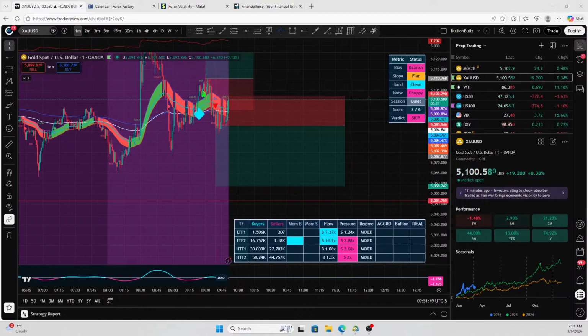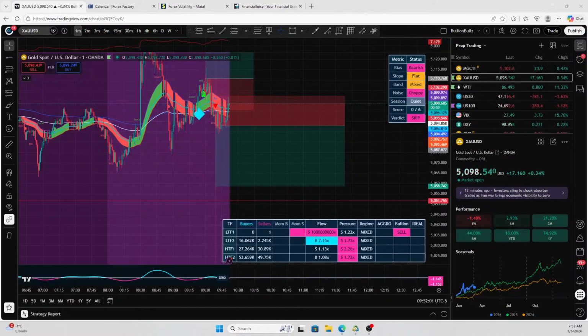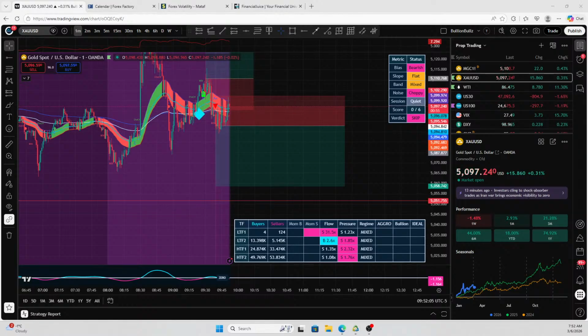Yeah, this would just be our stop loss, guys. Almost gonna hit our stop. Pressure's gone below 2.